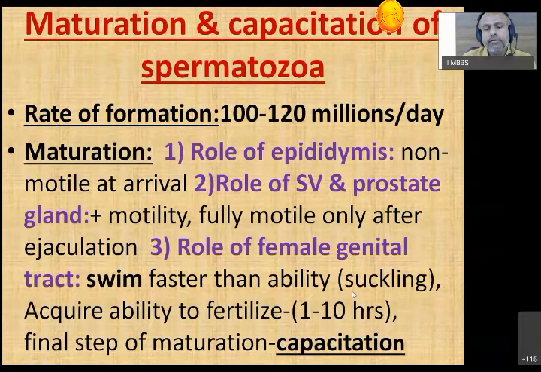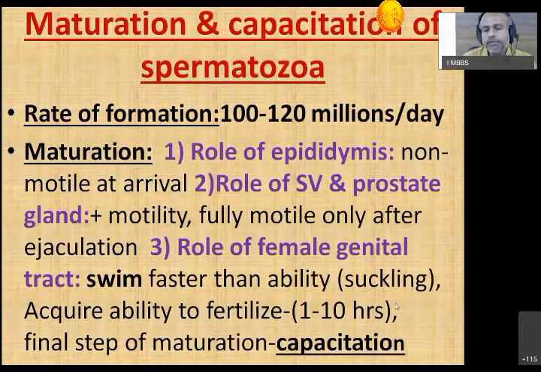The rate of movement of sperms in the female genital tract is 3 millimeter per hour. Sorry, 3 millimeter per minute, and they could reach the fallopian tube in about half an hour, but they will take 1 to 10 hours.